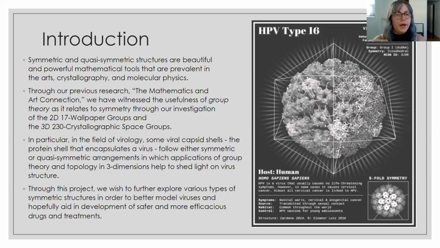We realized that there were 17 of them. Through this project that I conducted as an undergraduate, we were able to prepare the building blocks for a computational algorithm that would classify these 2D crystallographic groups, or wallpaper groups. So we started digging into the 3D crystallographic space groups, but because there are 230 of them, and computational algorithms in 3D are much more complicated, the research took a halt, but we've picked it up recently.